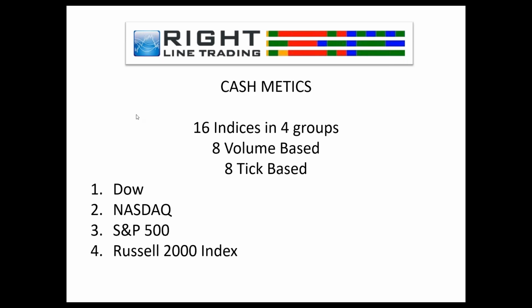And what we do is look at 16 indices broken into 4 groups. These are the 4 groups: the Dow, the NASDAQ, the S&P 500, and the Russell. 8 are volume-based, and 8 are tick-based.